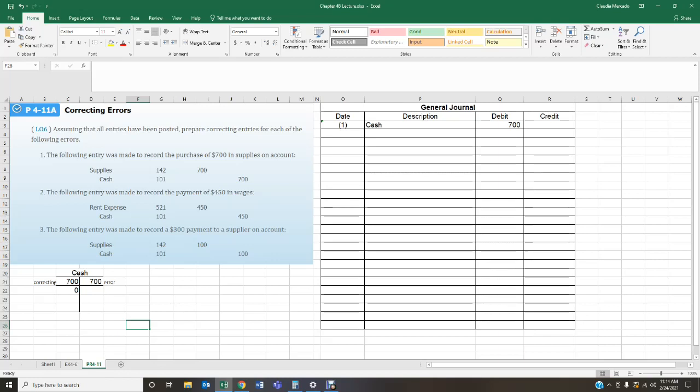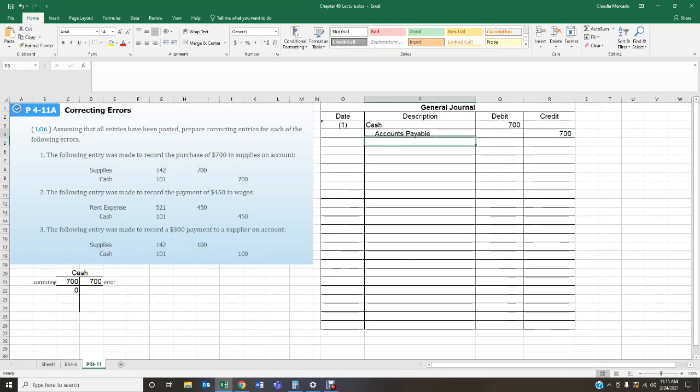I didn't want cash to be affected. So how do I reverse the entry that I had done? Well, you do the opposite. That's what we're doing on the correcting entry, and now my cash account has a 0 impact. Now what should have happened? What account should have been credited? Well, it says here that the supplies were purchased on account. Whenever we buy something on account, we credit accounts payable, 700.